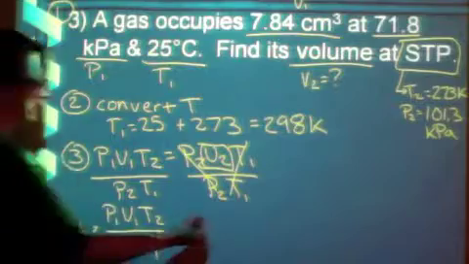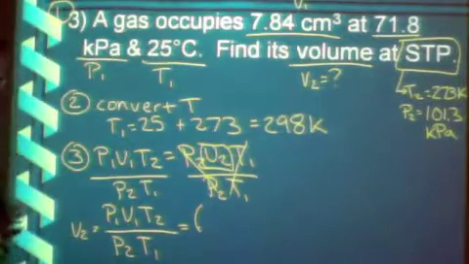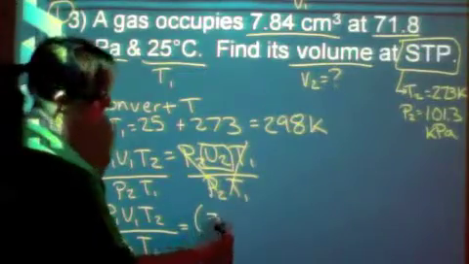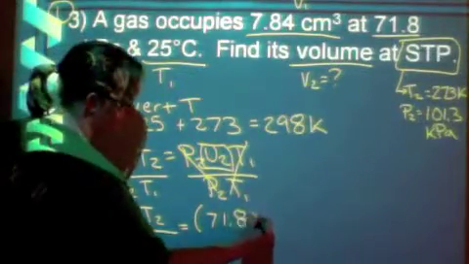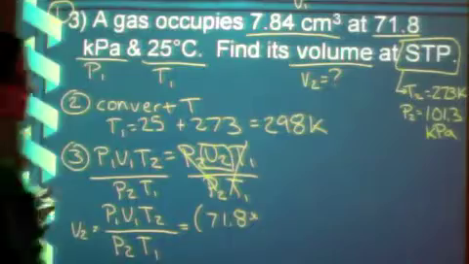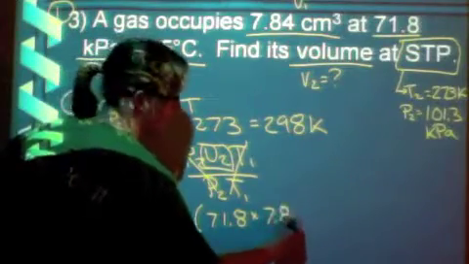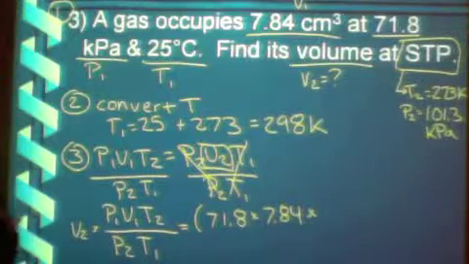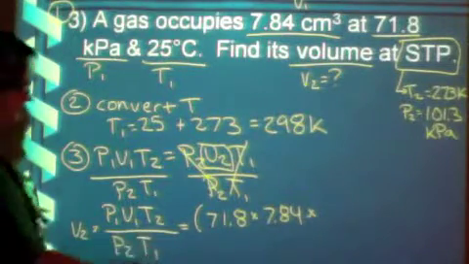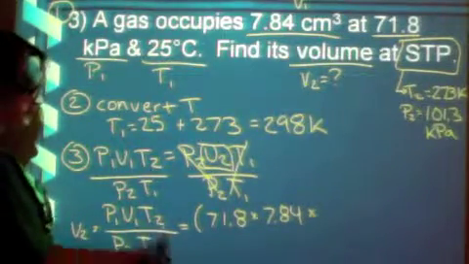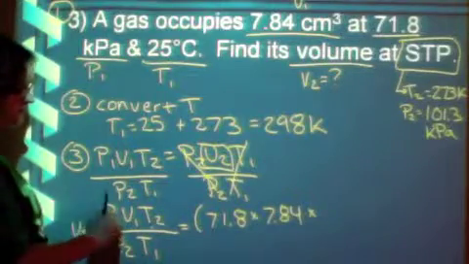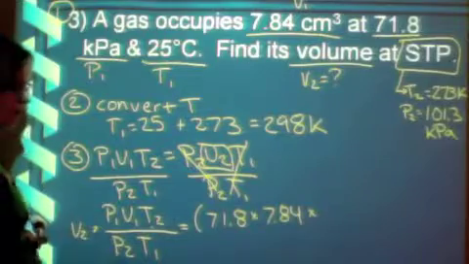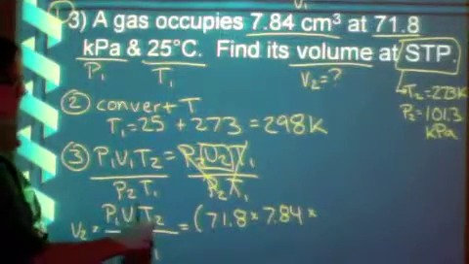So when we plug in, we're going to put parentheses around the top: P1, which is 71.8, times V1, 7.84, times T2. Okay, this is the important piece. You've got to make sure your temperature is in the correct spot. Some of you get on a roll, P1, V1, and then you simply put T1 on top when that's going to be wrong. So P1, V1, T2.